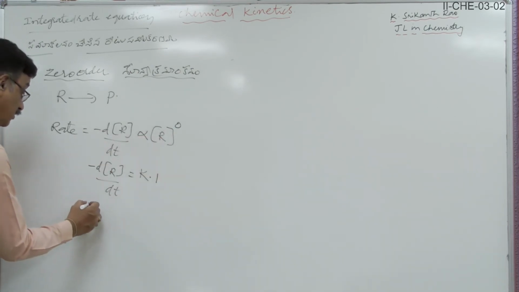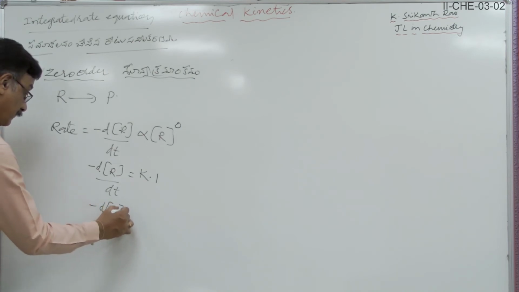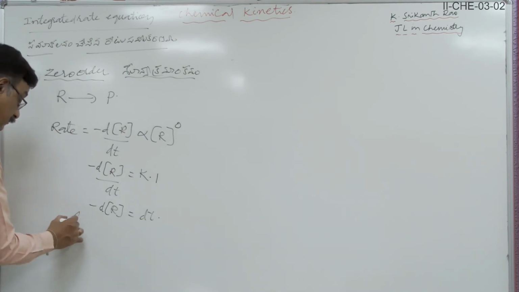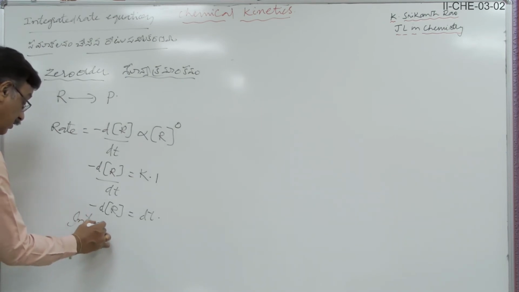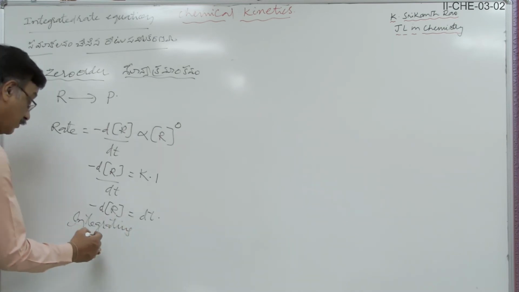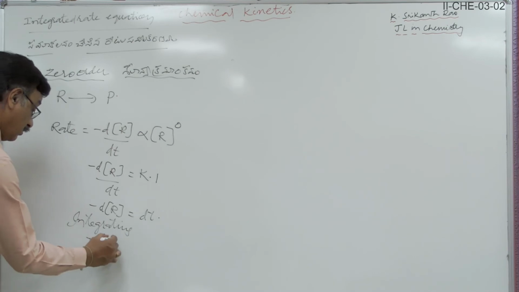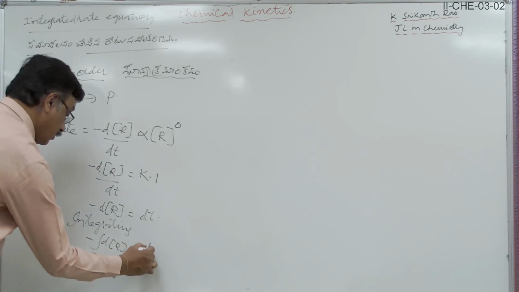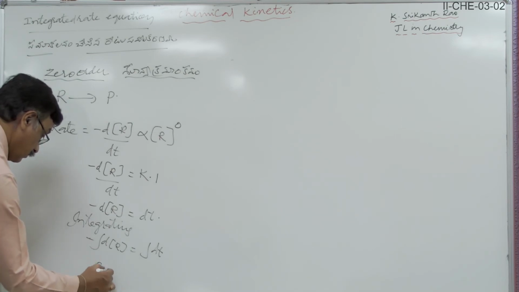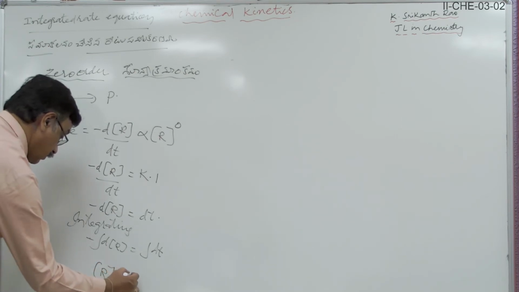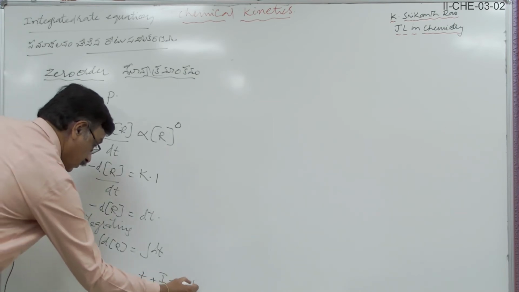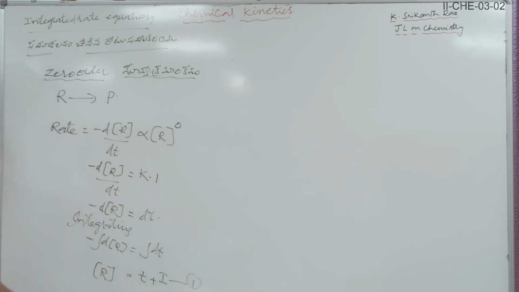So minus dR equal to k dt, right? Integrating, సమాకలనం చేసినప్పుడు, right? Minus R equal to kt plus I, where I is the integration constant, right?